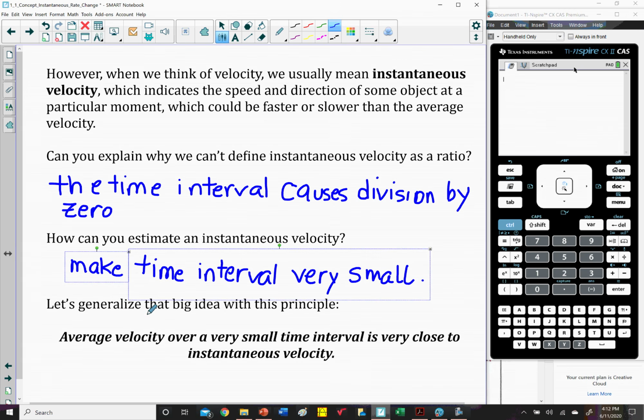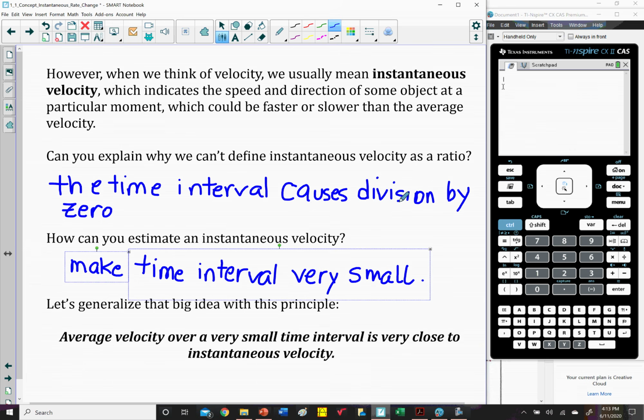When we think about velocity, though, in a physics term, often we mean instantaneous velocity. And that's the speed and direction at any given time, at a moment in time, at an instant. But that's kind of hard to do, because if you're using a ratio to define instantaneous velocity, that ratio is going to cause division by 0.